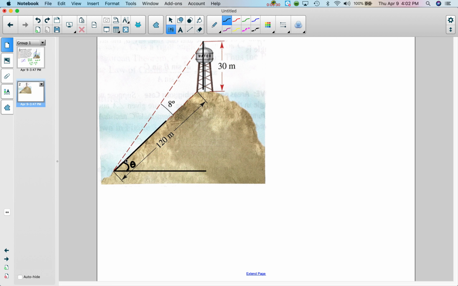Now this is the side that's opposite this angle. So I'm going to call this angle X, and we're going to have to solve for that using the law of sines. So sine X over the opposite side, 120, equals sine 8 over 30. That's what we're going to solve.